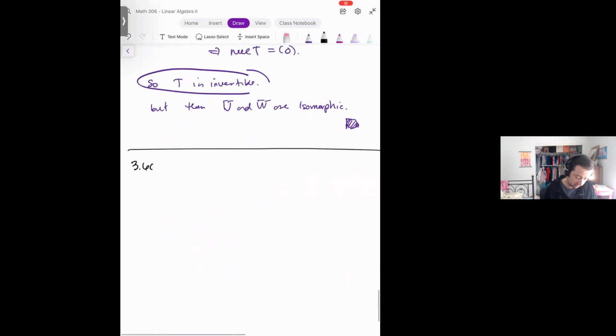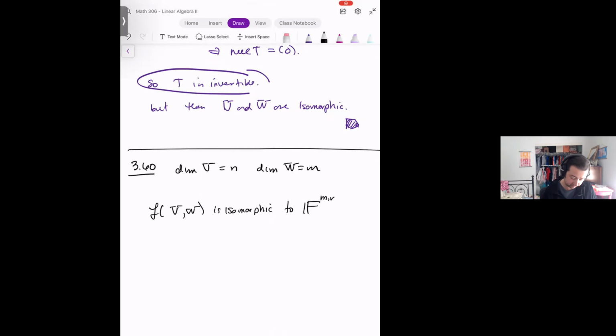In 3.60, it is very important to note that if the dimension of V is equal to N and the dimension of W is equal to M, we used this in the question that someone asked earlier, that L of V, W is isomorphic to F^(M×N).